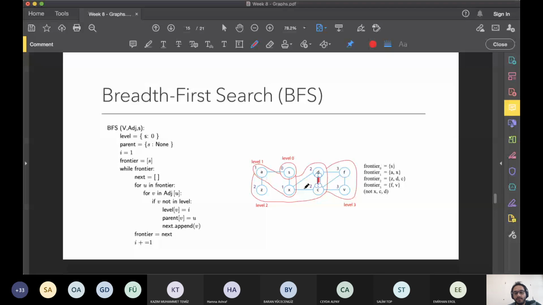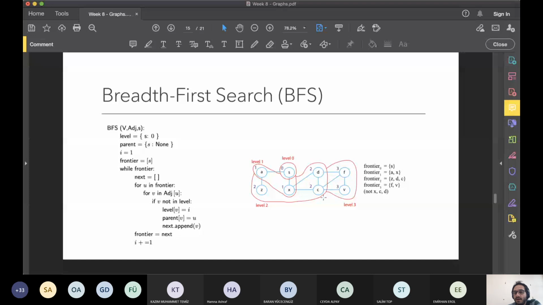So this is what we need to care for. There might be a longer path to reach a state, and we do not like this. So we go from 1, 2, and 3, so we visit 3 nodes to reach C from S, right? But this is not the shortest path. The shortest path is actually from S to X and X to C. So when we traverse and explore new states, we need to be careful whether the state is already explored or not.